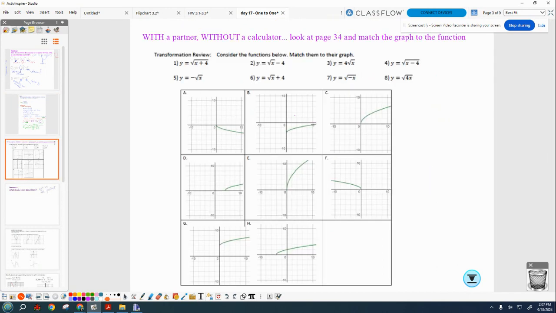Can you guys look in your packet and see if those transformations are fresh enough in your mind? What does that 4 do in each case? What does the negative do in each case? Then do like x, yes, one over x, right? And then you're replacing this with this x.